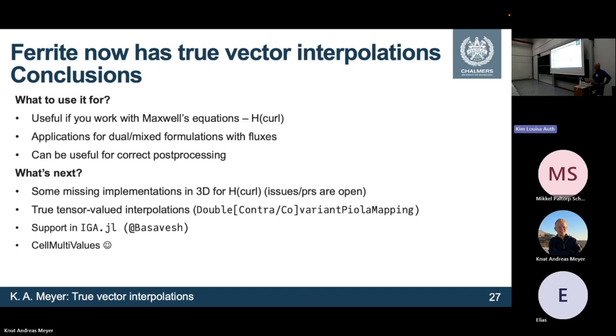Maybe instead of flux, you have stresses. Then you can do the same here. It adds a bit more. I got a nice idea now from the talk earlier that since you have the H-div field, maybe you want to add this to IGA, so you can do that there. Nice job. And of course, maybe I can merge the cell multivalues at some point. With that, thank you for your attention.